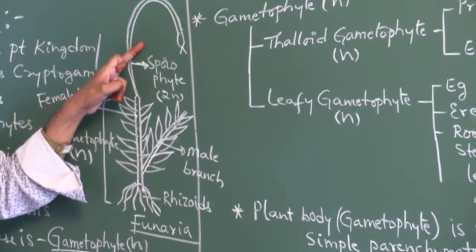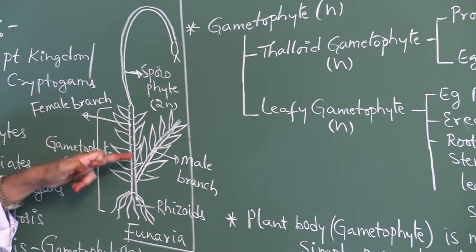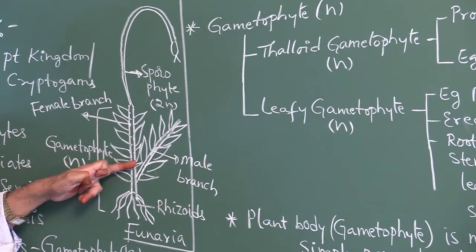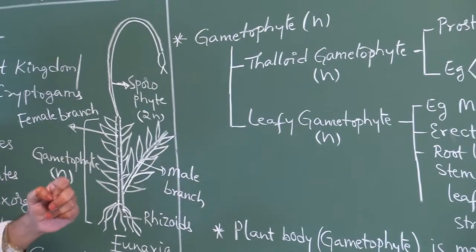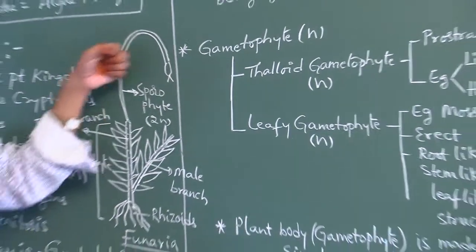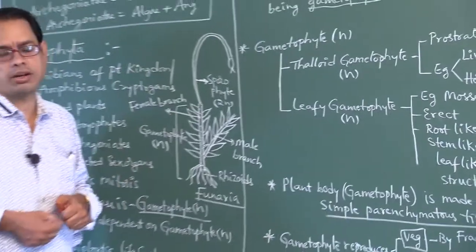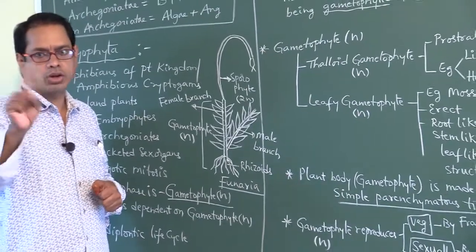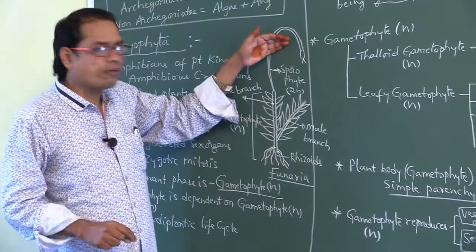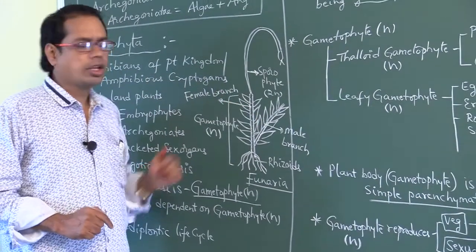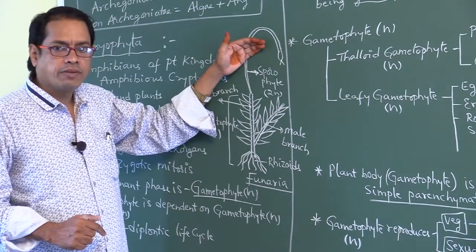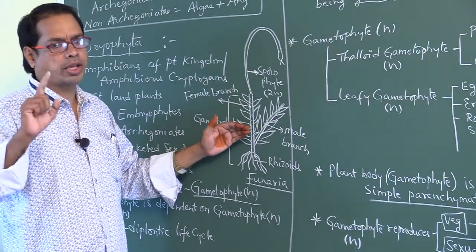This sporophyte is physically dependent on the gametophyte, and nutritionally also dependent on the gametophyte. Nutritionally means the sporophyte will take water and mineral salts, but not food materials. So, the sporophyte is a partial parasite on the gametophyte. The sporophyte is physically dependent on the gametophyte.